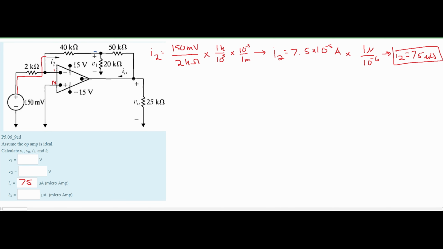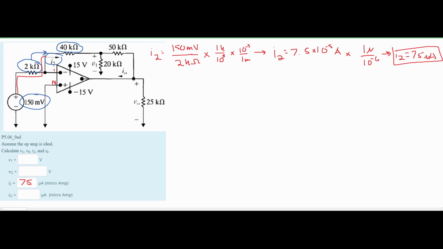Next, we're going to look at this V1 right here. Well, we're going to do the same thing that we did to find our I2. When we were looking at our I2, we had this 150 millivolt voltage here, and we had this 2 kilo ohm resistor, and then we used it to find our I2 like this. Well, now we have an I2, and then we have a 40 kilo ohm resistor.